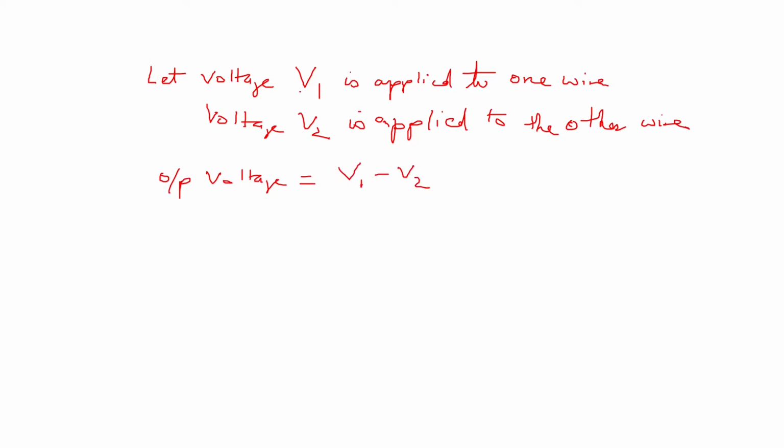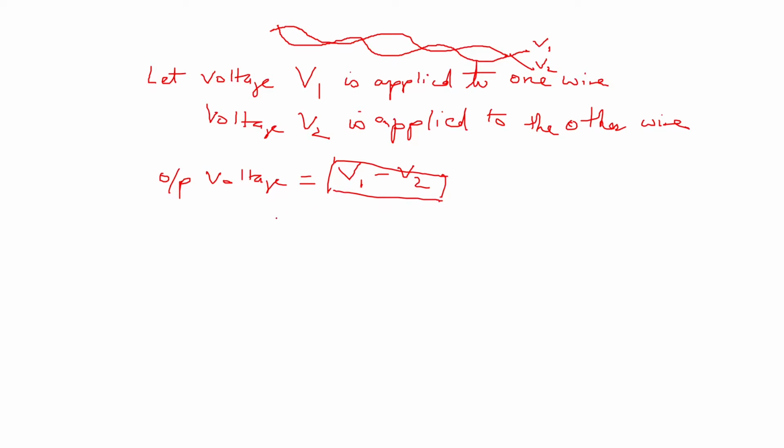Now here in the figure you can see that this is one wire, and this is another wire. So one wire is going to carry V1 as voltage and another wire is going to carry V2 as voltage. So the output voltage is V1 minus V2.